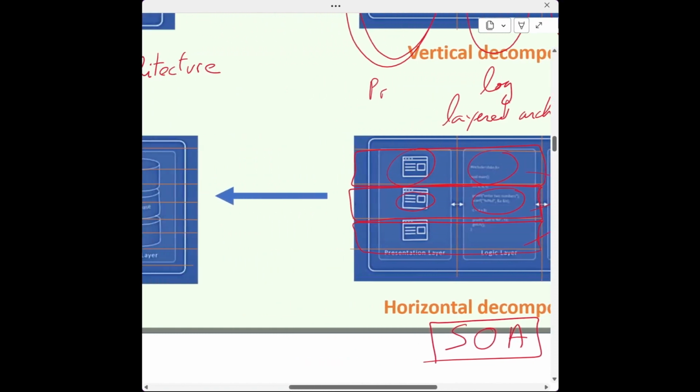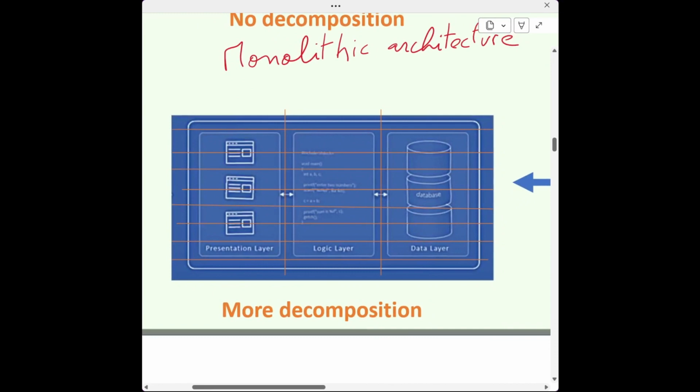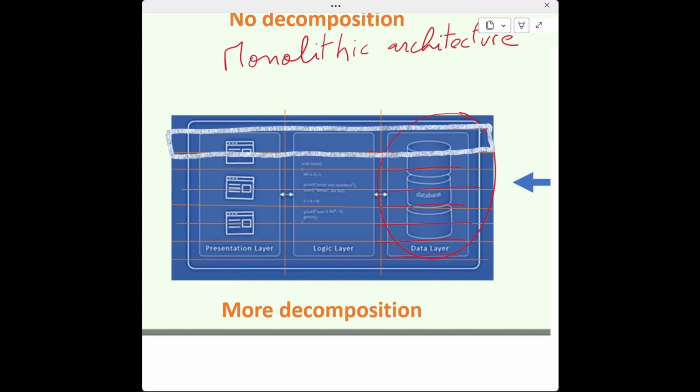Finally, we have more decomposition, where each small block works on its own. The database now is split into small separate databases. In this way, each part of the application contains its own user interface, its own logic, and its own database.